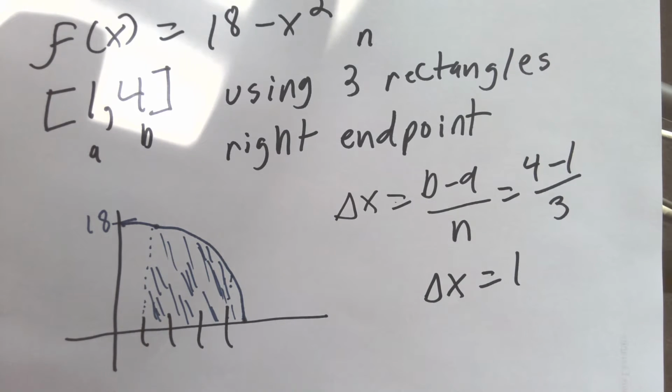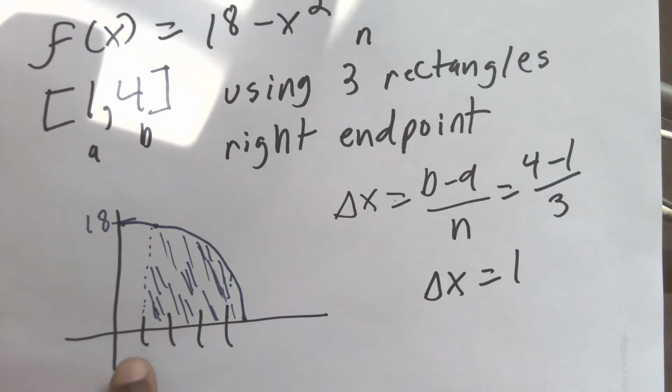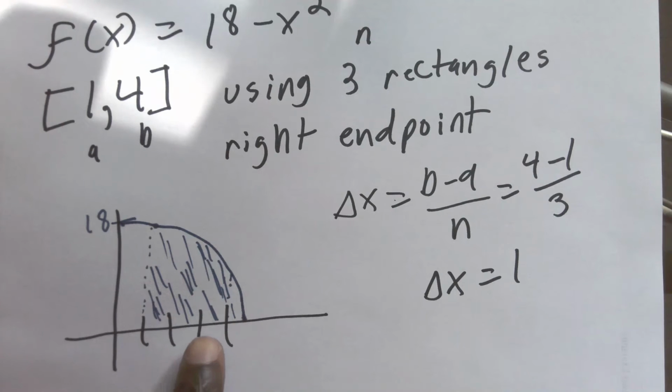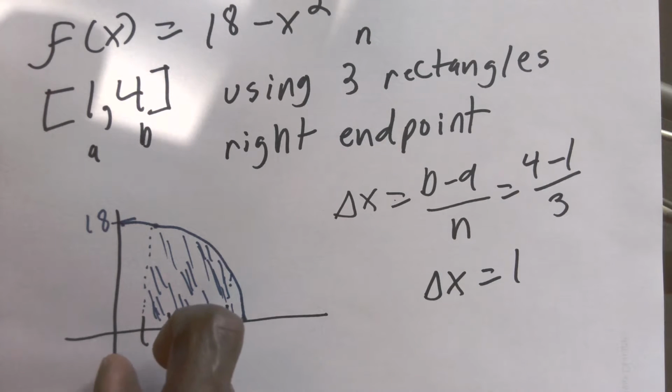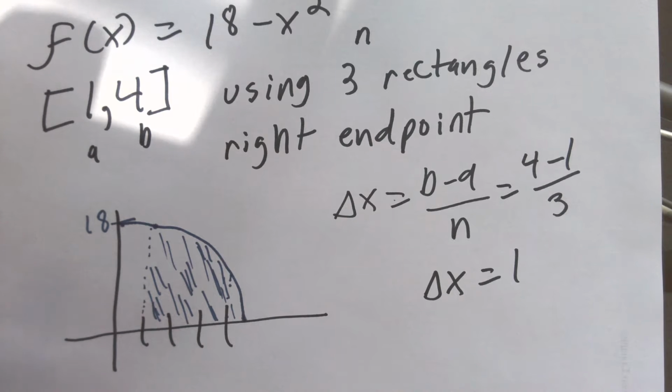Now, I have a rectangle of width 1 on the x-axis. One rectangle from 1 to 2, another rectangle from 2 to 3, and the last rectangle from 3 to 4. For each of those rectangles, the right part of the rectangle is going to hit the curve.